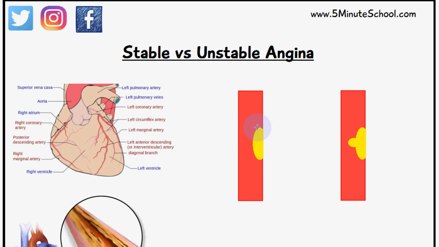This is an example of what the coronary arteries may look like in stable angina. We can see there's some plaque, or atheroma as it's known, present in the coronary arteries, which is reducing the blood flow to the cardiomyocytes, so they're not able to function as well.